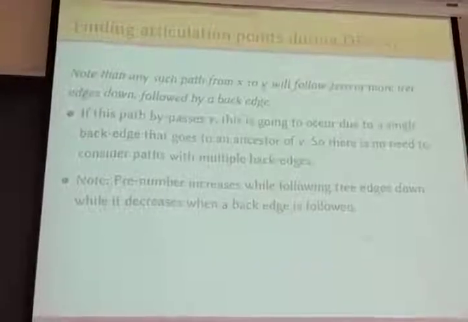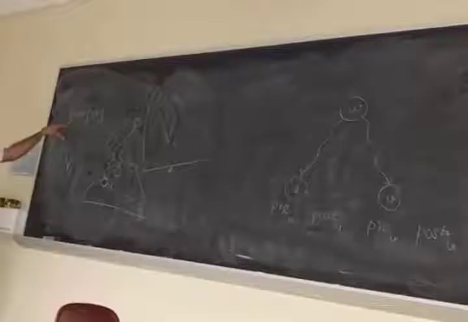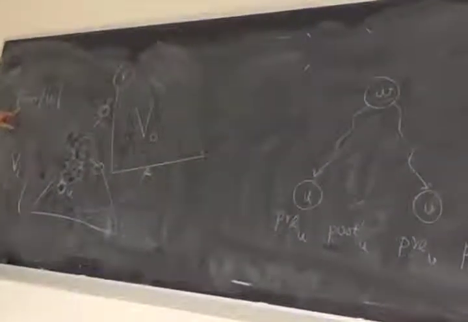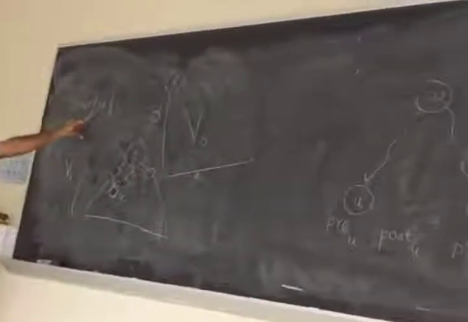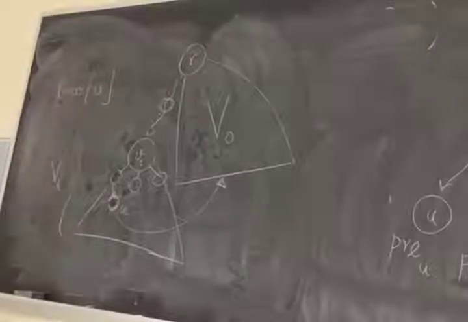For each vertex v, we are going to maintain something called low of v, which tells us the lowest numbered vertex that can be reachable from v. Okay? So you have a back edge to go to v. And once again, what is the lowest number?